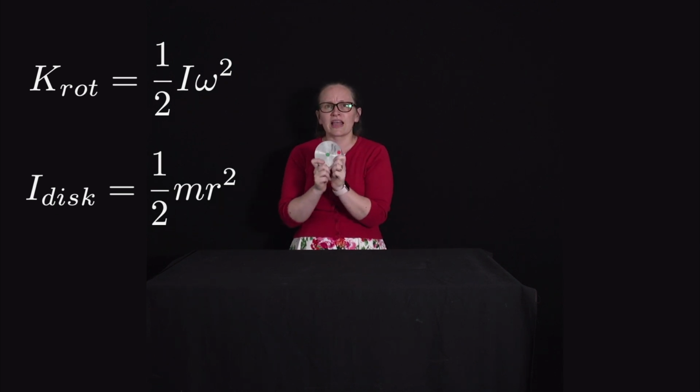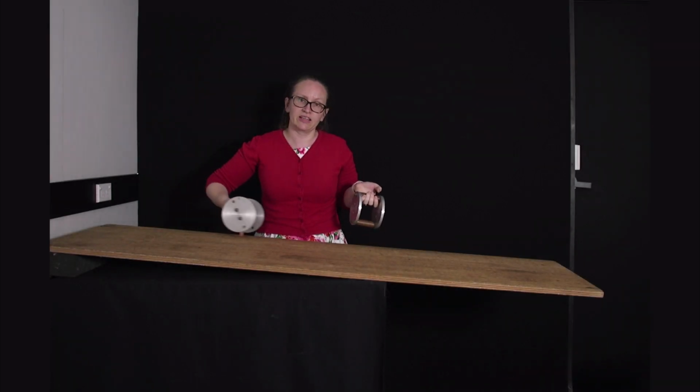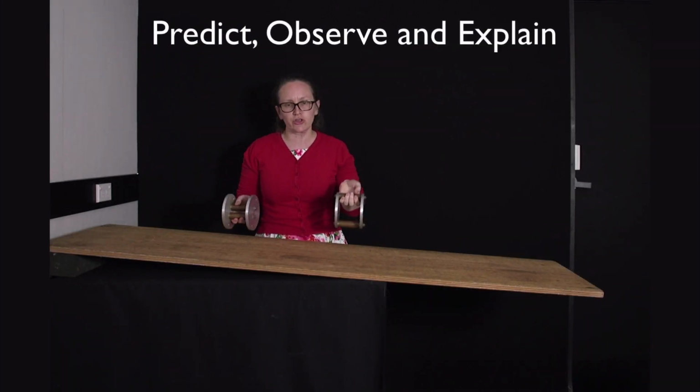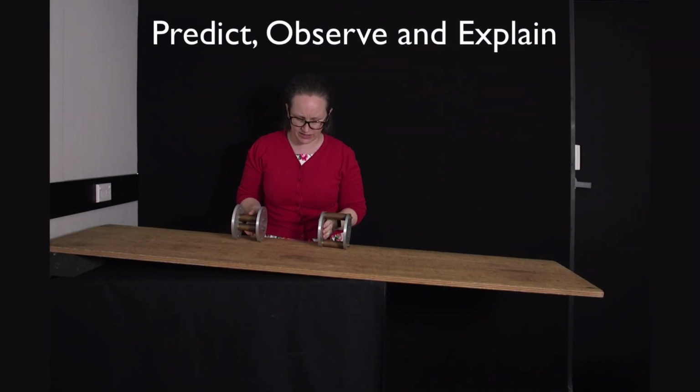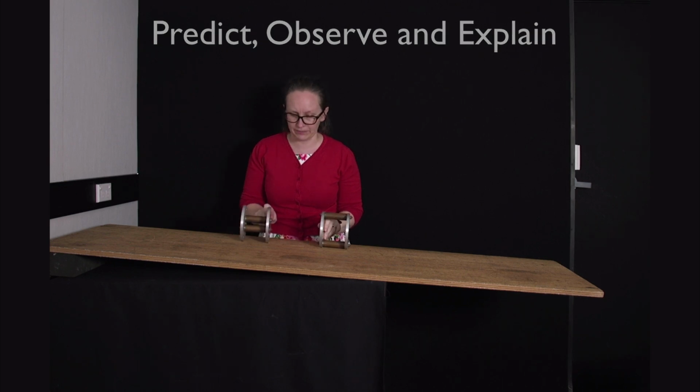So let's now have a little think about some objects rolling down an inclined plane. Okay, now we've got an inclined plane set up, and I've got two objects that in a minute I am going to roll down the plane. But before I do that, we're going to do a little bit of a predict, observe, explain activity.